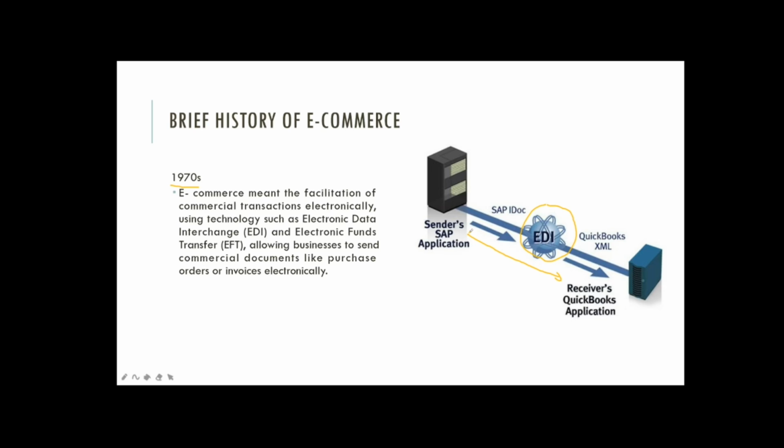This was actually a good business tool way back because its purpose is basically to send important documents that are much harder to communicate. It allows businesses to send commercial documents like purchase orders, invoices, or sales reports. This is where e-commerce started.